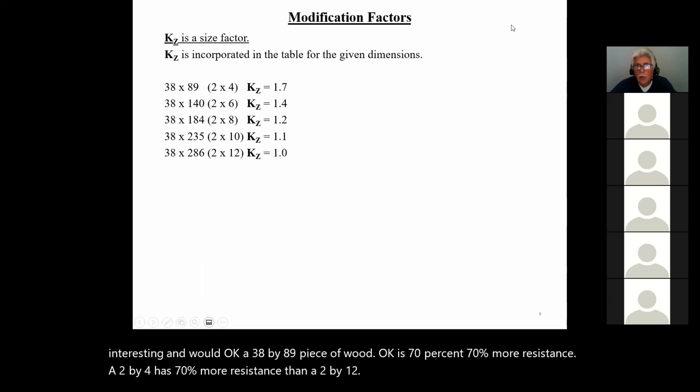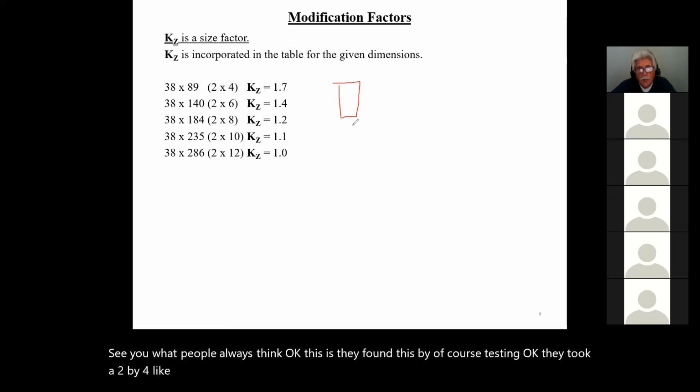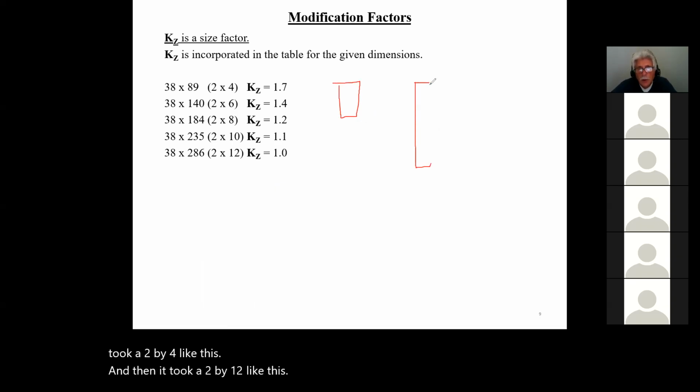You know what people always think. They found this, of course, by testing. They took a 2x4 and a 2x12, and they loaded a 2x4 and they loaded a 2x12.